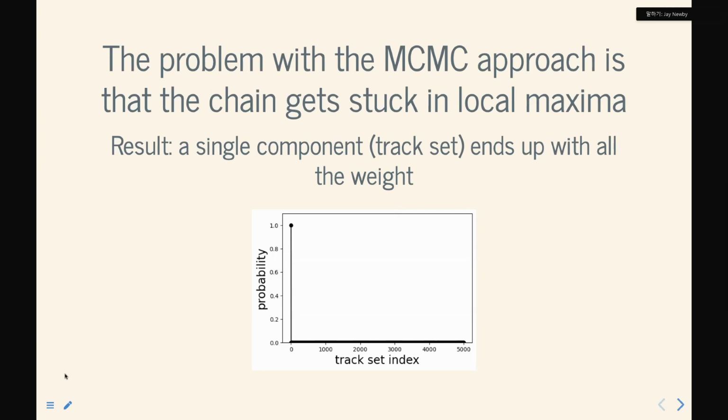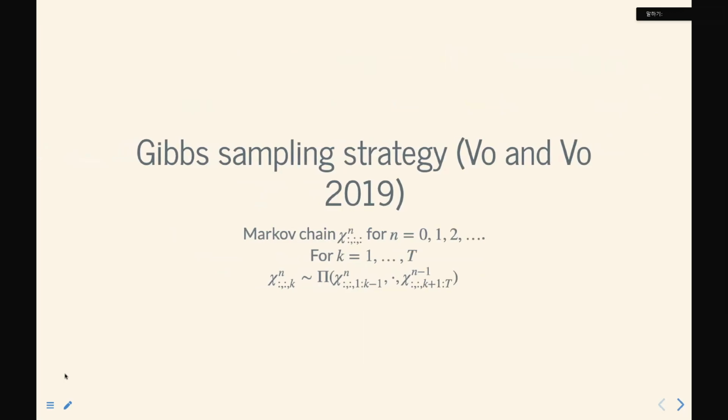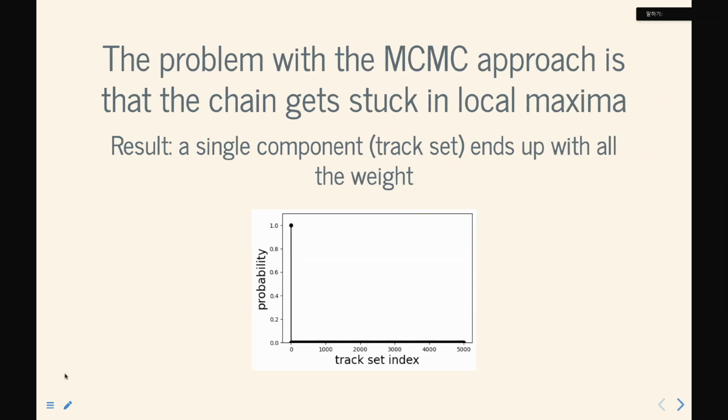This is actually the result of a tracking run. So this is not a distribution. I mean, technically it is a distribution, but it's not an interesting distribution because only one thing has any probability. And that's not because this is the truth, that it's truly the most probable track set. It's just the most probable one that I found. What happened? This Markov chain gets stuck. It's an ergodic Markov process. In theory, it can go anywhere.